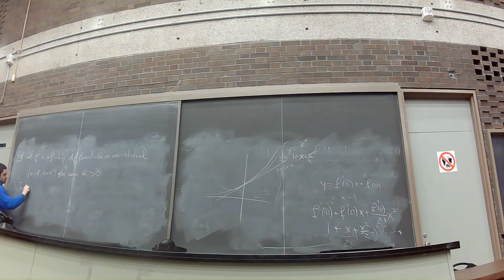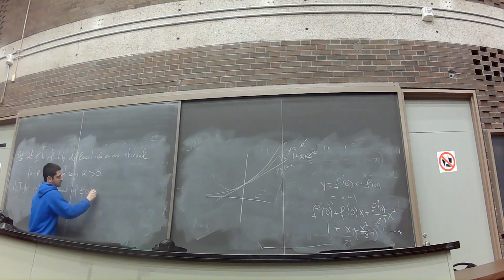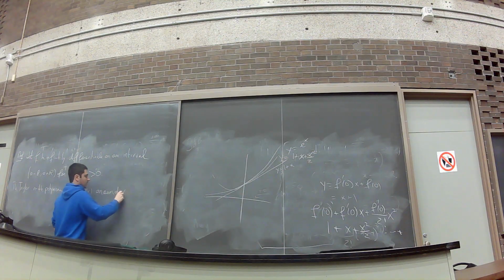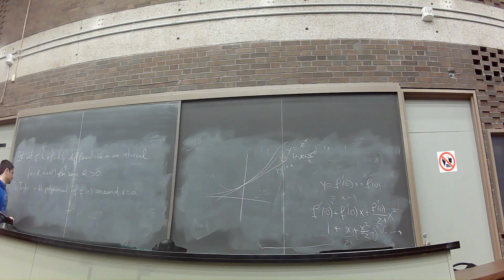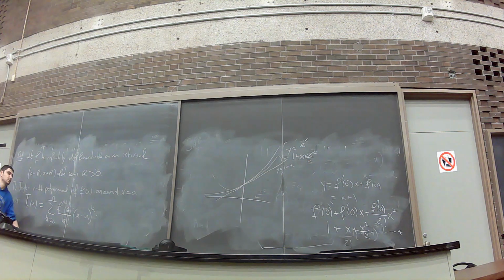The Taylor polynomial of f of x around x equals a, or around a, is, I'll call it T n of x. It's the sum of k equals 0 to n, f k of a over k factorial times x minus a to the k.